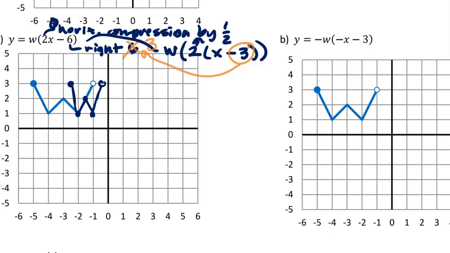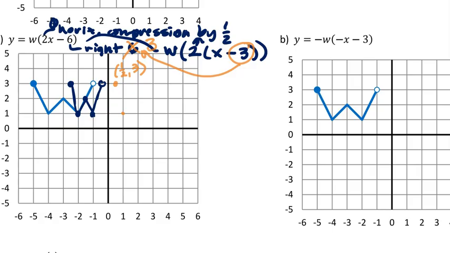If I pick up the point, where was that? Negative 2.5, 3, and move it to the right 3, it will end up at positive 1/2, 3. So I'm going to label that one because this is a final graph. If I pick up this bottom corner, it was at negative 2, and I slide it over 3, it will end up at positive 1, 1.